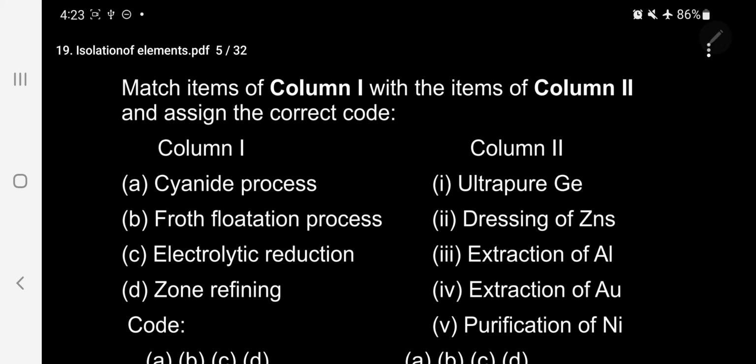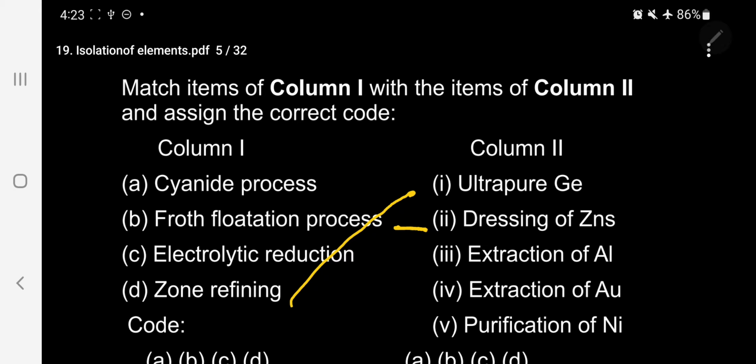So what they are giving here, unless you study this, you cannot do anything. For example, normally we can say froth flotation is always suitable for sulfide ore, kindly follow. Zone refining is normally suitable for silicon and germanium.